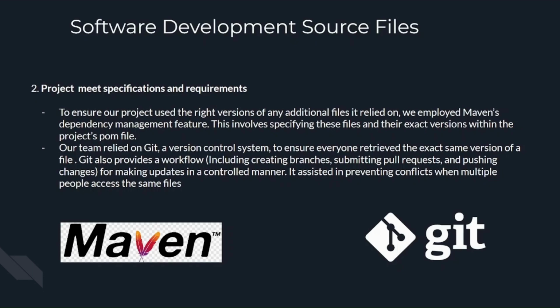Our team also relied on Git, a version control system, to ensure everyone retrieves the same version of a file. Git also provides a workflow, including creating branches, submitting pull requests, and pushing changes for making updates in a controlled manner. It assisted in preventing conflicts when multiple people access the same file.